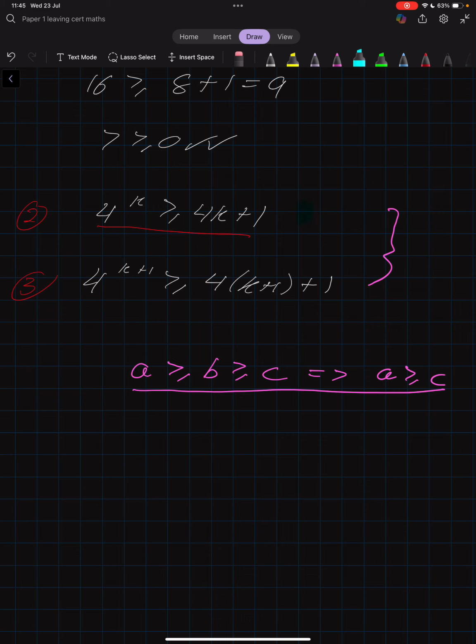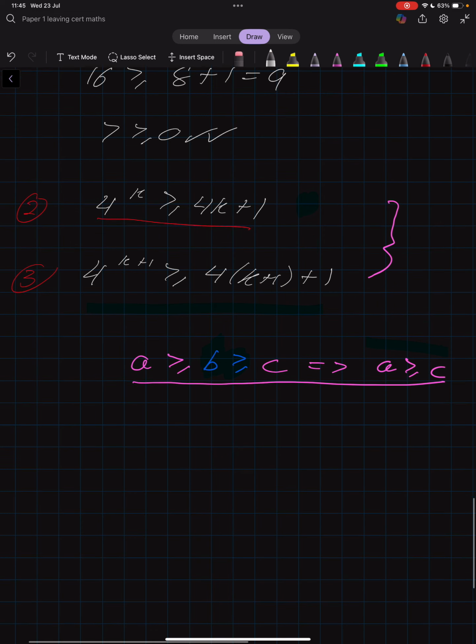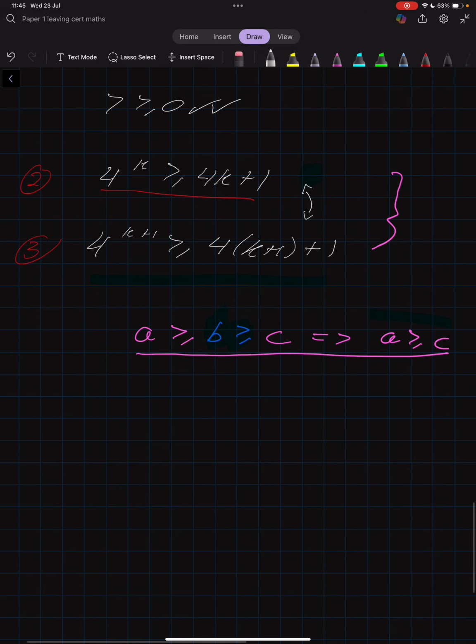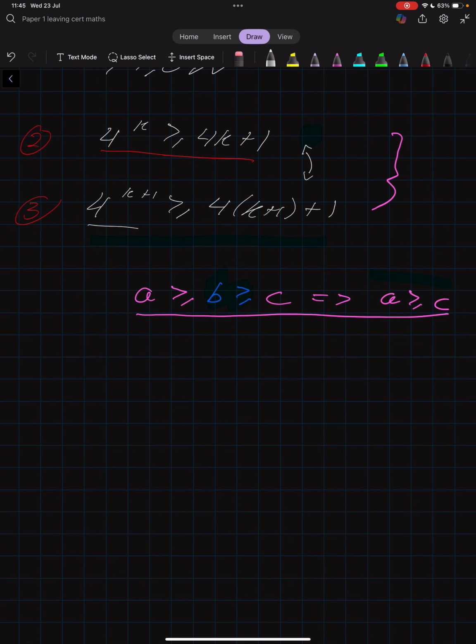You can probably imagine that this is what I have here, and I'm just going to plug in an extra inequality in here, and that's going to be this thing up here. But basically, I want this to look similar to this. So on the bottom one, I can change this. That's the same thing as 4 times 4 to the k.